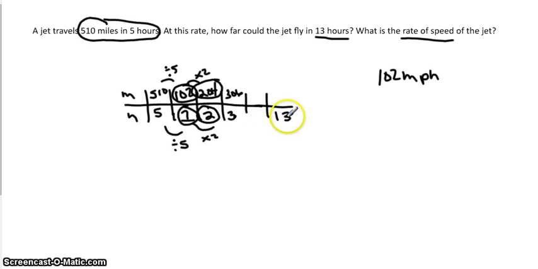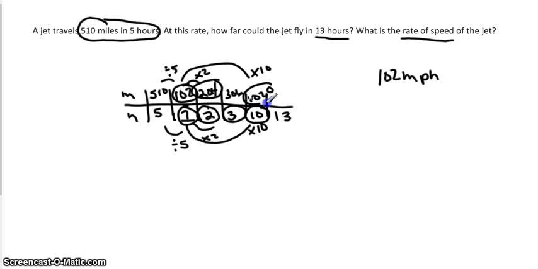Now I see that I'm 10 away from 13. So I'm going to come back here and I'm going to multiply by 10. And I'm going to multiply 102 by 10. And I'm not doing any of this on my calculator because I know how to do this in my head. So this becomes 1,020 and this becomes 10. So now all I need to do is add together 10 plus 3 because these are all equivalent ratios. That makes 13.